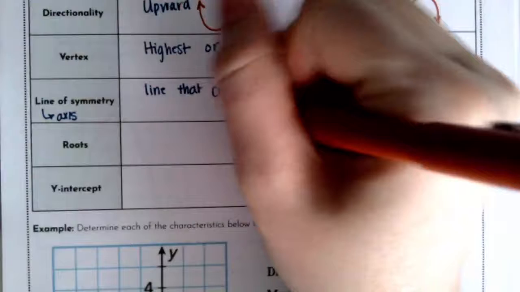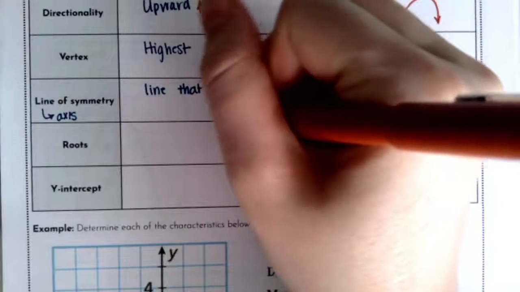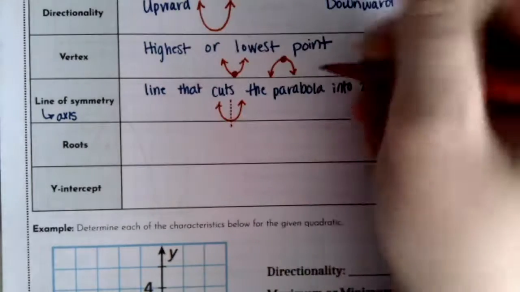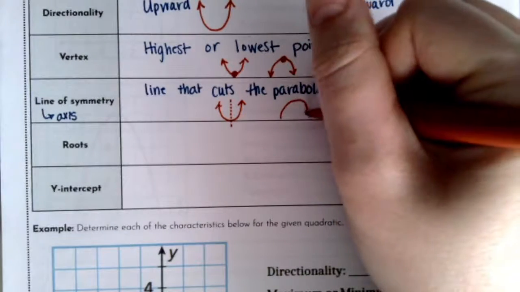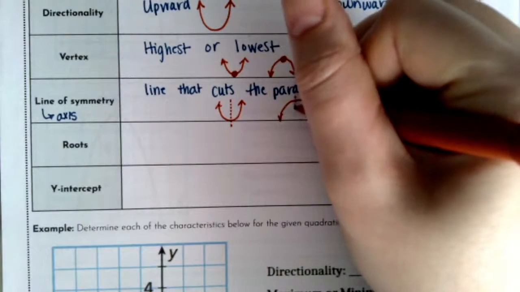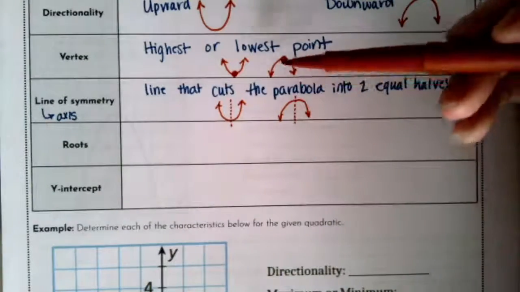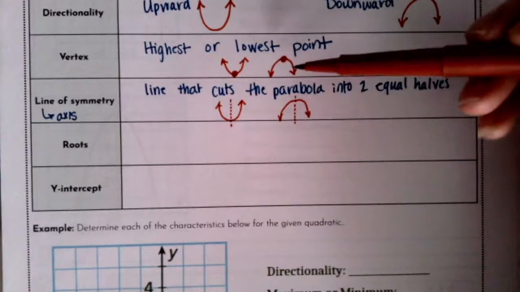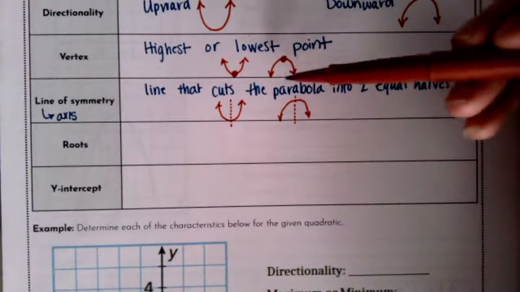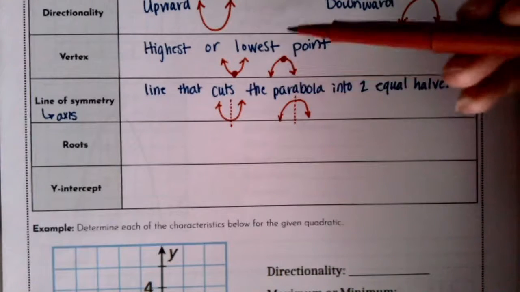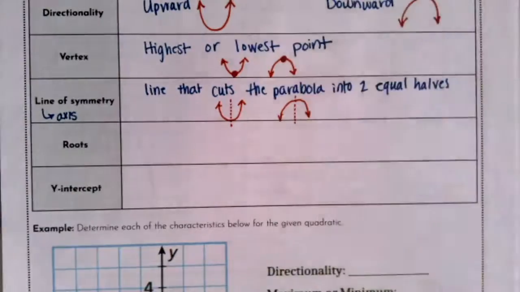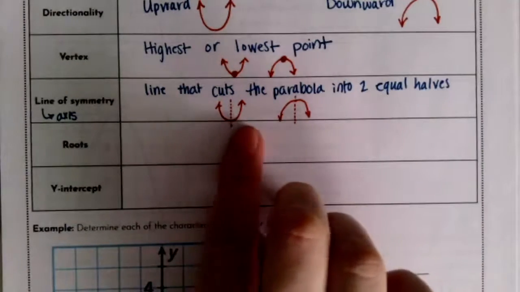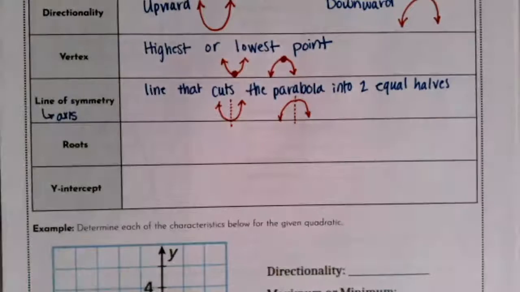For each of our shapes, if we have an upward one, it's this line down the middle. And if we have a downward one, again, the line right down the middle. You can see with these two pictures that I draw, the line of symmetry is directly lined up with the vertex. So you start in the vertex because that's also in the middle, and it's the line that would go down and cut it in half. Imagine folding this parabola on top of itself, and those would be even.